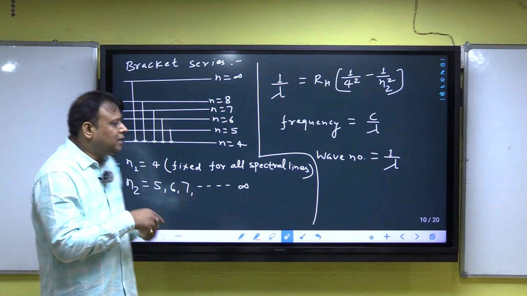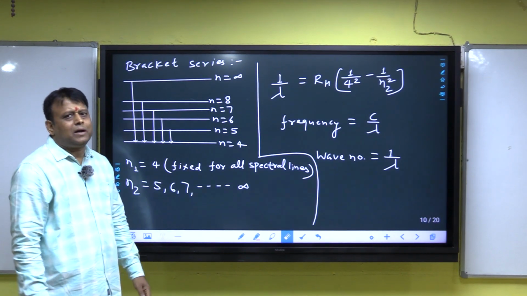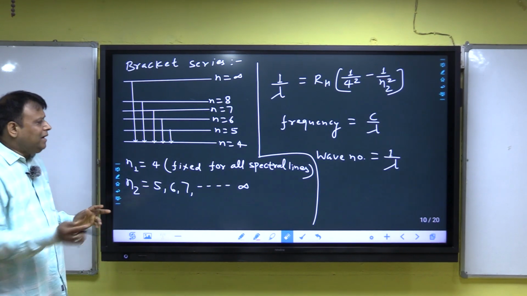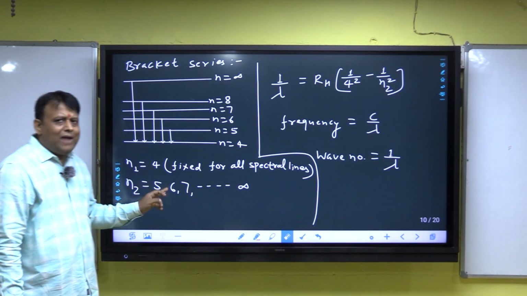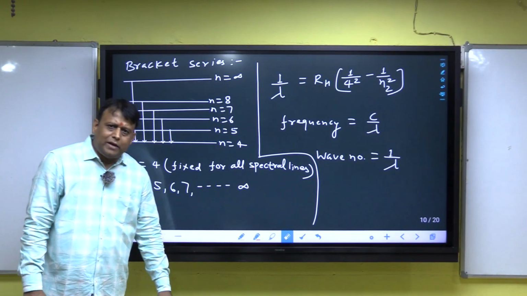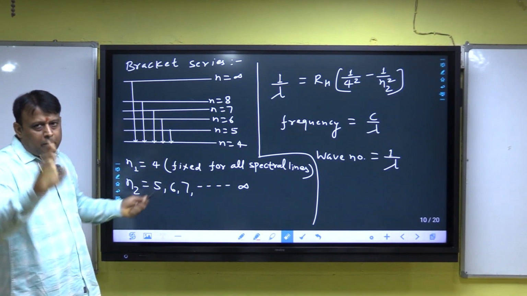For Brackett series, N1 is equal to 4, fixed for all spectral lines. Always keep in mind, Brackett series N1 is 4. And N2 is equal to 5, 6, 7, and so on up to infinity. Listen, the first line of Brackett series comes from the 5th orbit.